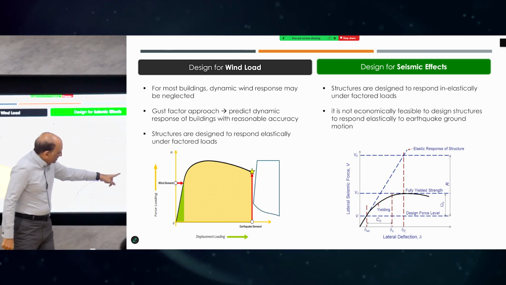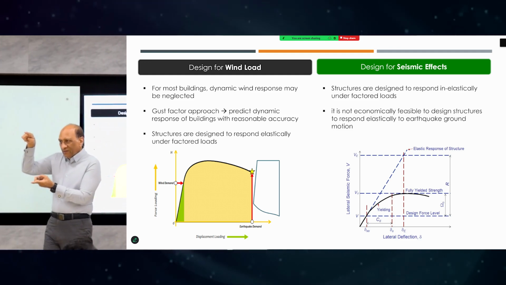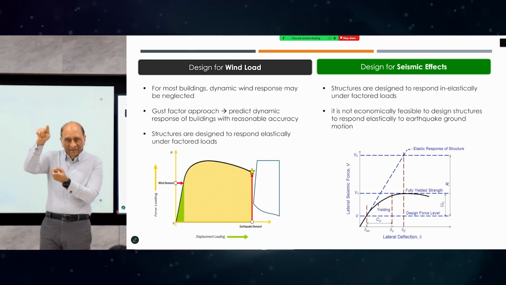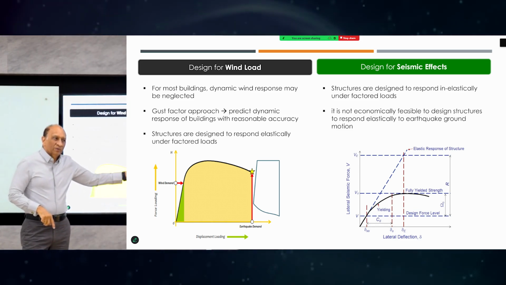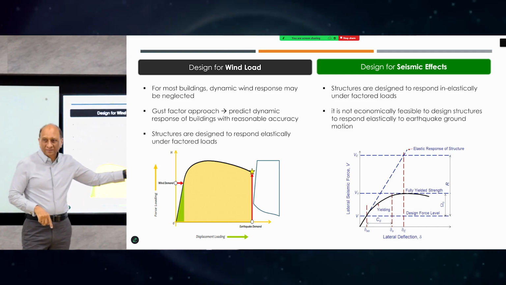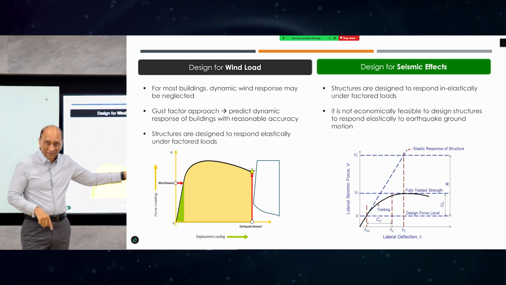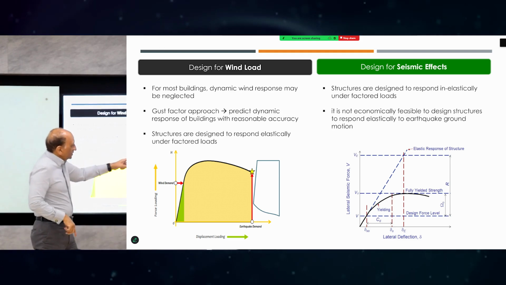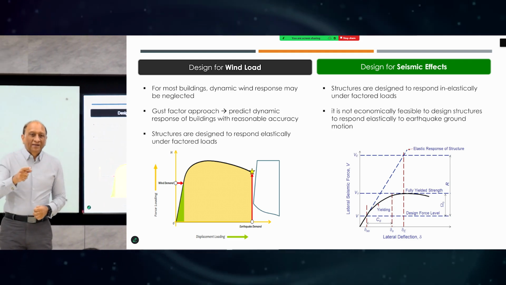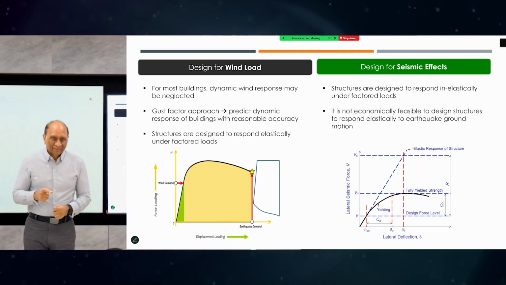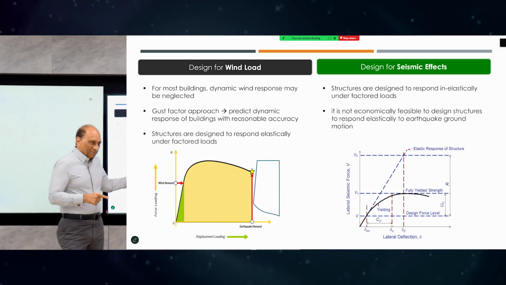So a certain factor R is included to reduce the seismic force. This R factor varies between 3 to 8. For most buildings, it will be around 4 to 5 by the code. Which means if the calculated force is 100, you design the building for only 20. But for wind, you design for full wind.